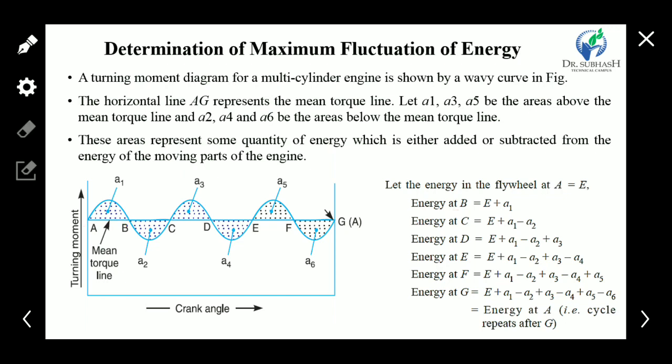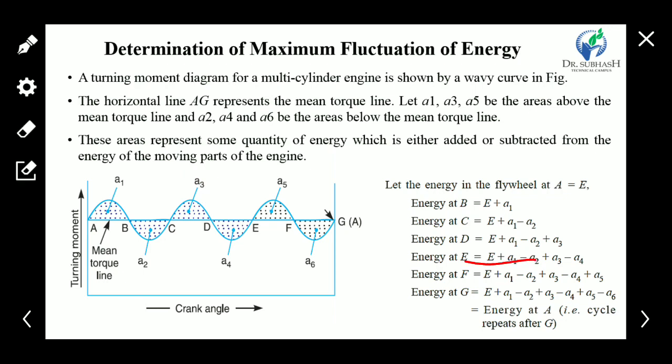Now the energy at point C is E plus A1 minus A2. In the same way, the energy at D is E plus A1 minus A2 plus A3.